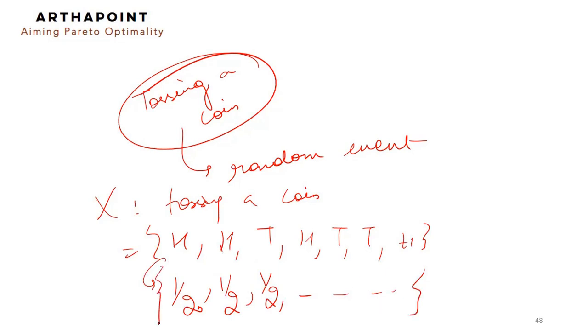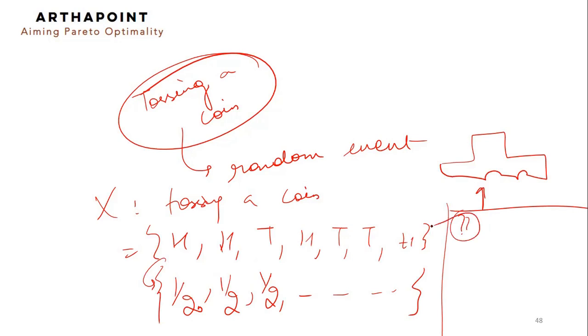What else is random? The petrol in a car. I drive a car every day to office, and now I ask you how much petrol is there in my car on any particular day. On Monday, you tell me it is 40 liters. On Tuesday, the petrol left is 34 liters.